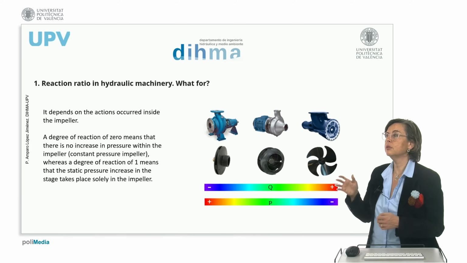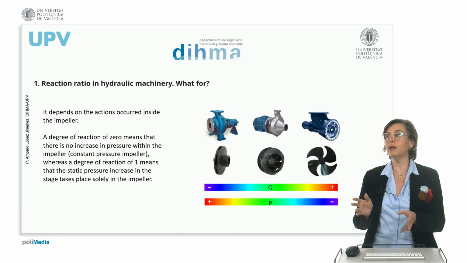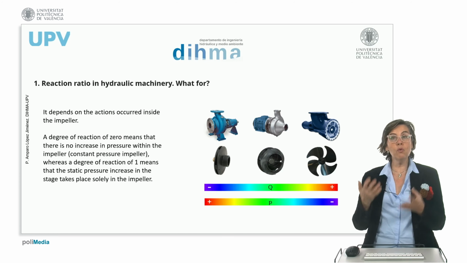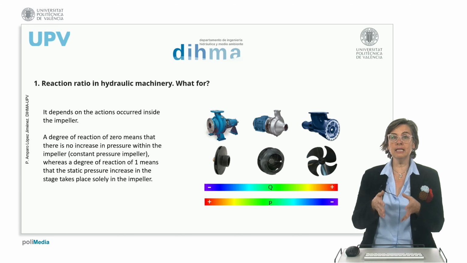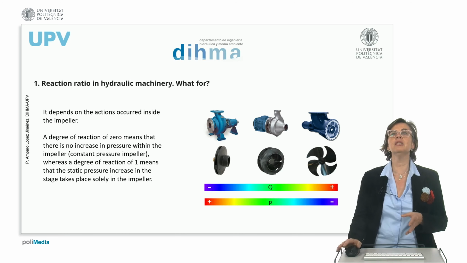A degree of reaction of 0 means there is no increase in pressure within the impeller, a constant pressure impeller, whereas a degree of reaction of 1 means that the static pressure increases solely inside the impeller. So we have several machines in any case.